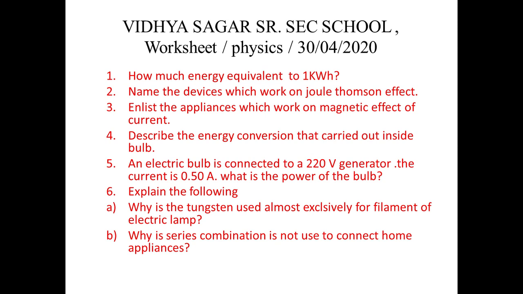And the second reason is that there is a problem in a series combination. If one of the appliances stops working, then other appliances will also stop working. So we do not connect all the home appliances in series combination.